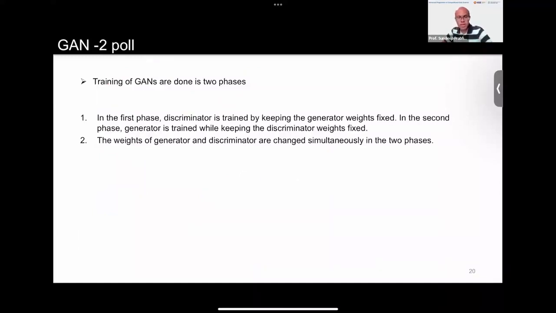Now, let's take this poll again to pause for a minute to understand what we just discussed, the two-phase training process of GAN and what is actually changing in each phase. And then we should be able to appreciate the loss function better.